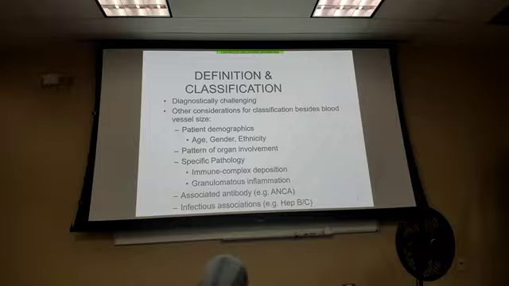What's their pattern? Specific pathology. So is this immune complex deposition? Granulomatous inflammation? Is it associated with some of the antibodies? Are we having infectious associations? So Hep B, C.